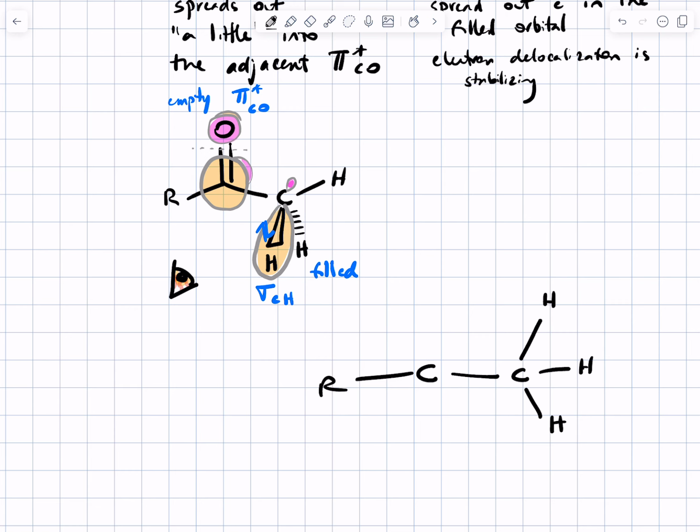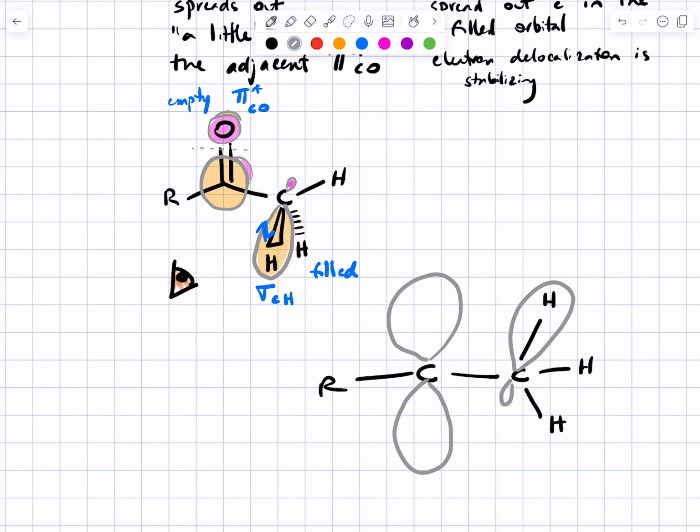You can't quite see it, is the oxygen. And I'm just going to draw the part of the pi star on the carbonyl carbon that you can see. And then here is the sigma bonding orbital on the adjacent CH bond. Two different views of the same thing.